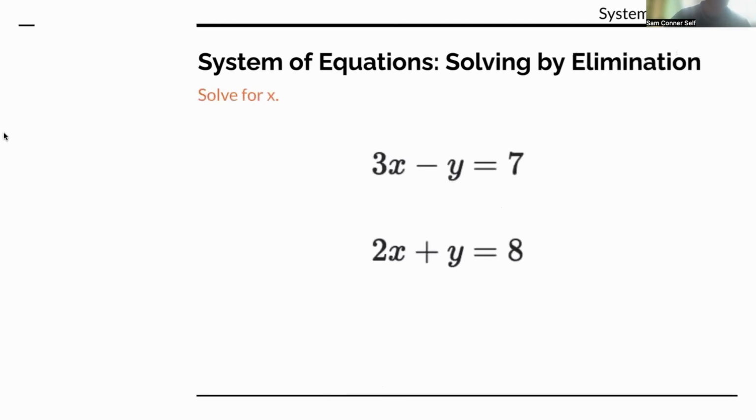All right. And then the second method is going to be elimination. So to solve a system of equations using elimination, what's going to be important is multiplying to get the same coefficient in the two equations on the same variable.